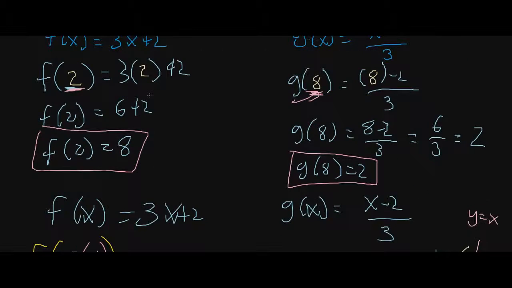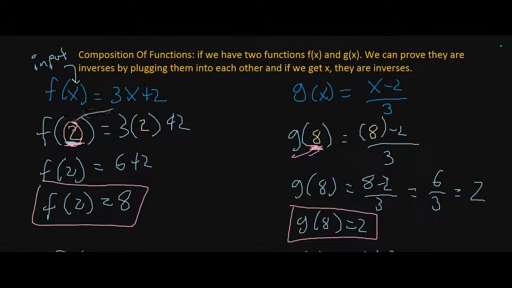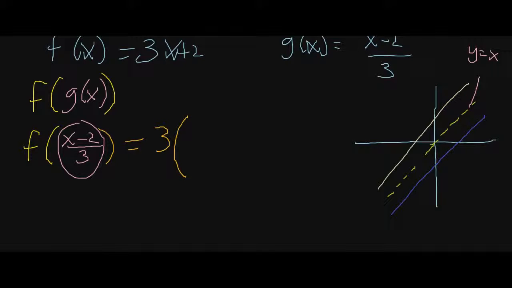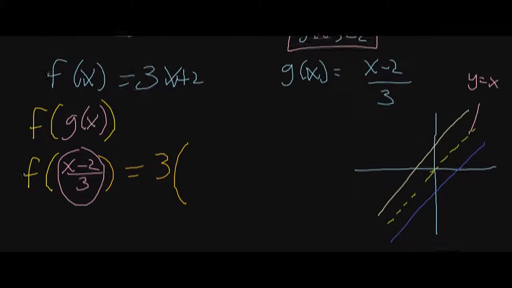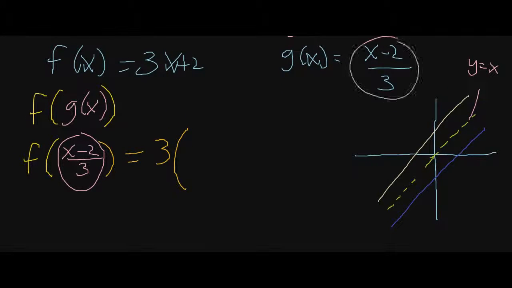Just like before, when the input was 2 and we replaced the x with a 2, we're doing the same thing, except now we're doing it with the entire function. We're plugging this entire function into x.